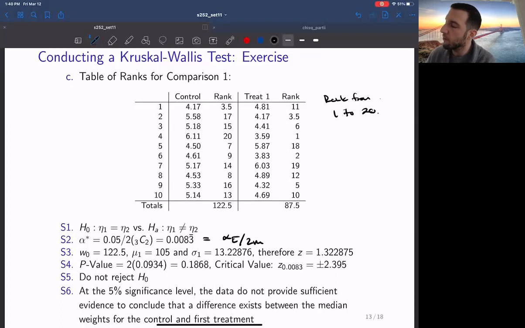This gives us a z-score of 1.322875, which means that we have a p-value of 0.1868 and a critical value of 2.395. Right? So in this case, we do not reject. So there's no evidence of a difference between the median of the control and the median of treatment 1.